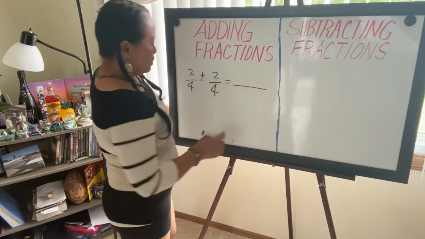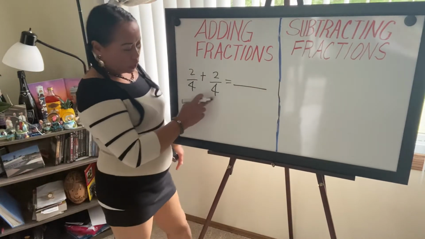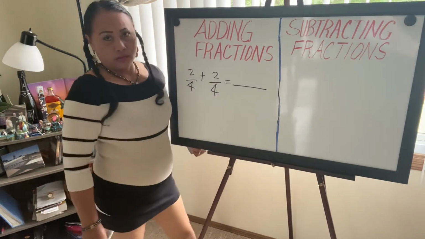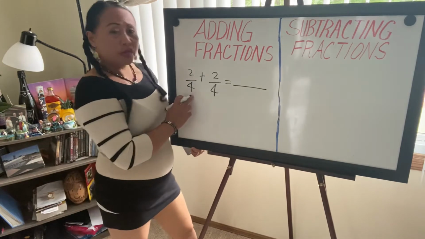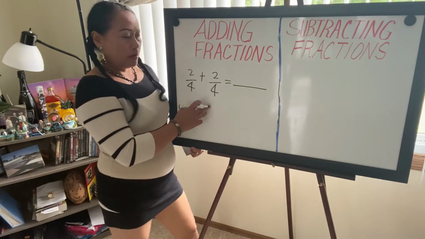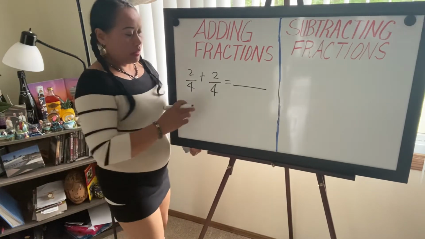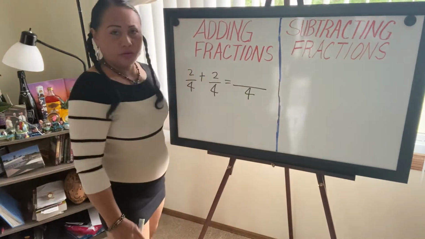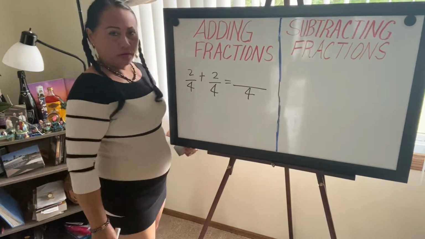So, look at these two here. The denominators. If the denominators are the same, you simply put here 4. Bring down this number here.